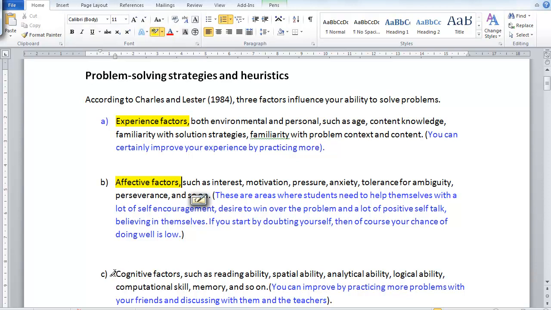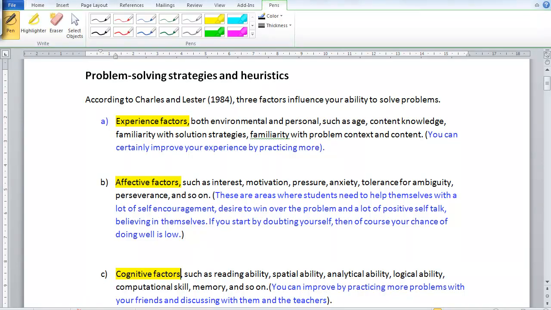Finally, the last factor that will affect your ability to solve problems will be your cognitive factors, such as your ability to read the question well, your spatial ability, analytical ability, logical ability, computational skills, and your memory and so on.